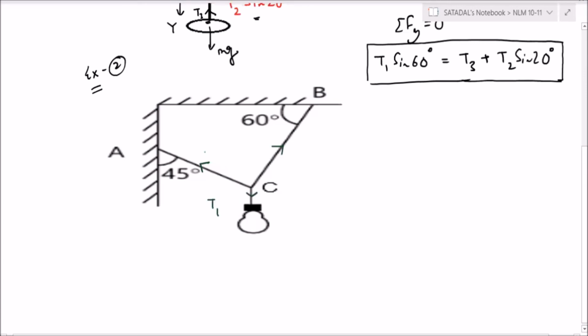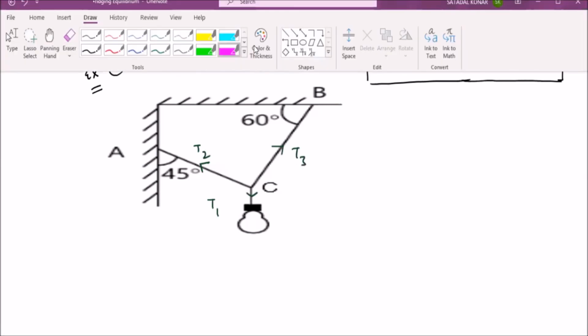So take this as T1, this is T2, and this is T3.